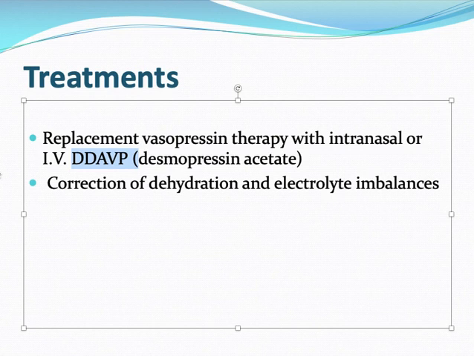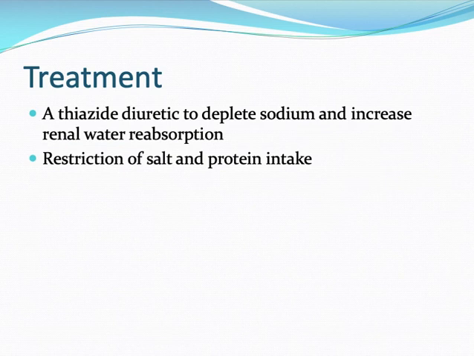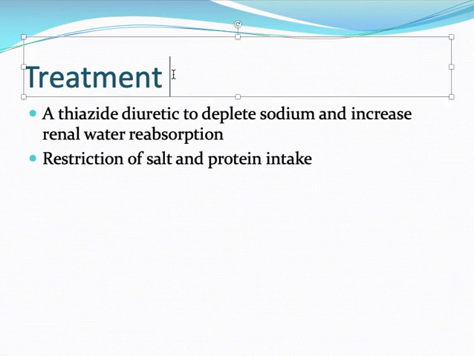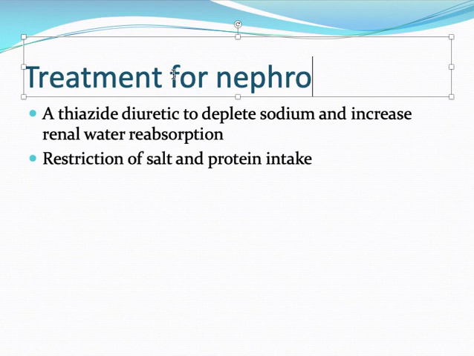So this is the important thing. If someone has peripheral DI, then you can give different drugs. Peripheral DI is also called nephrogenic because the problem is in the kidney. So what is done for nephrogenic DI?